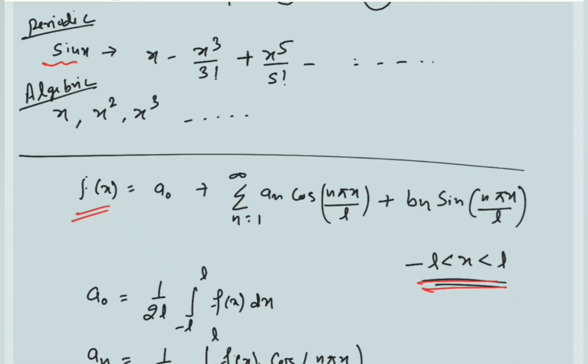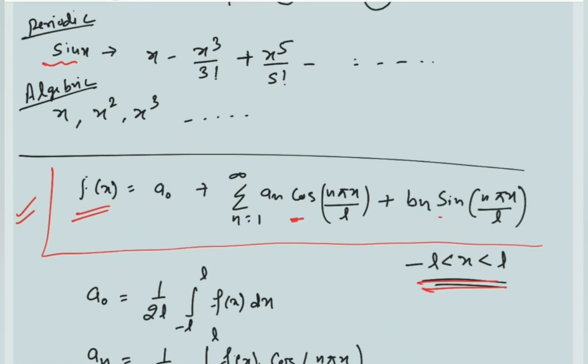Suppose you put L equal to pi, then this expression is valid for minus pi to plus pi. So this is the general expression for Fourier series from minus L to L, that is f(x) equals a naught plus summation n equal to 1 to infinity of a n cos n pi x by L plus b n sin n pi x by L.